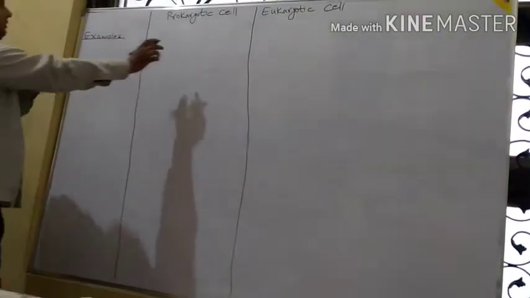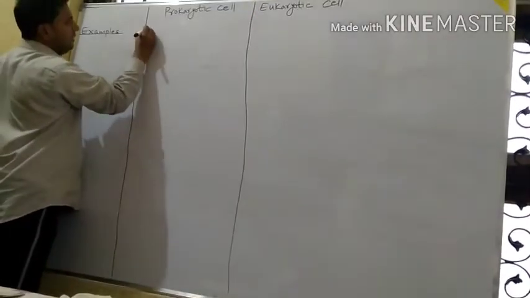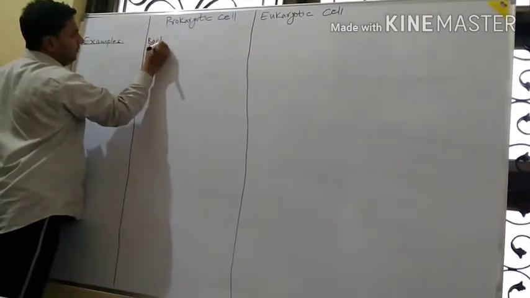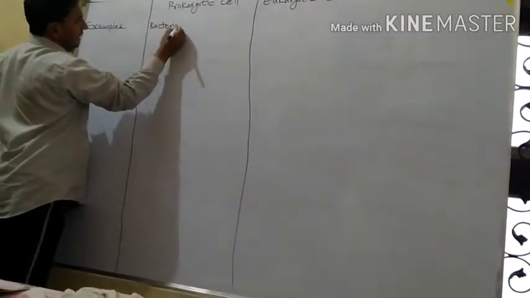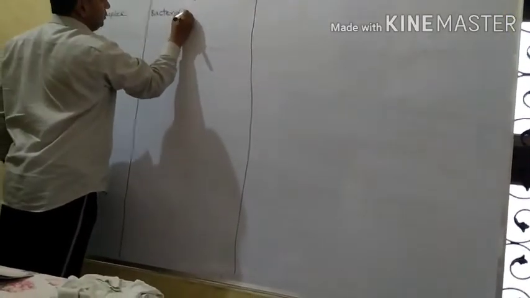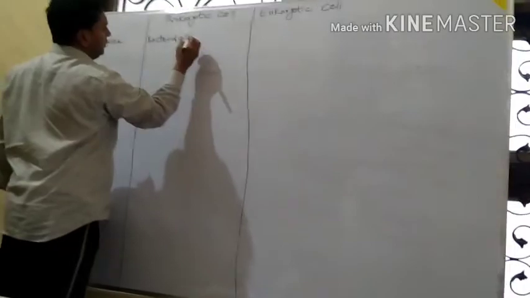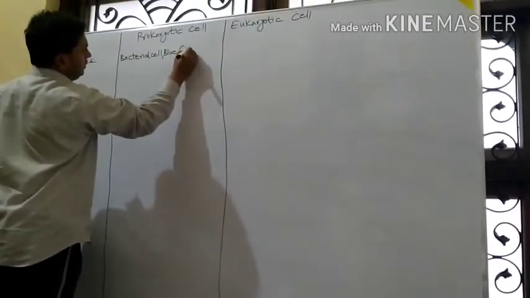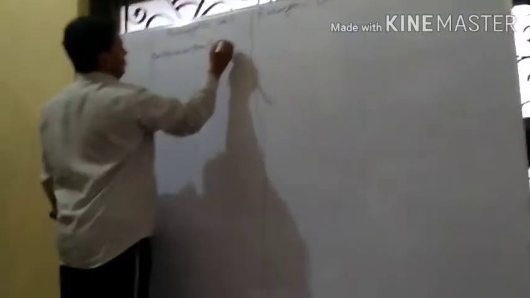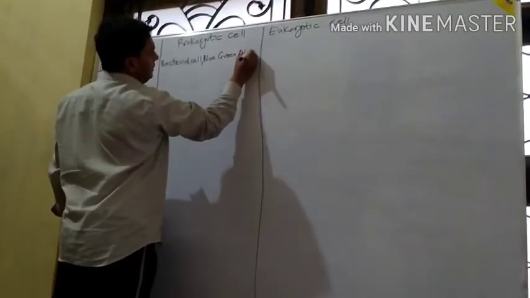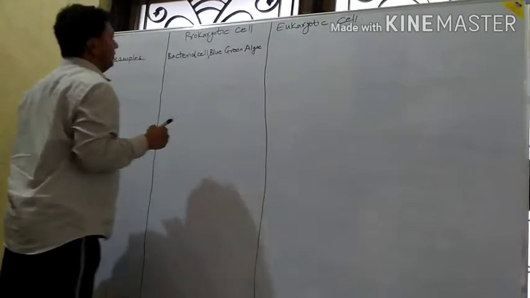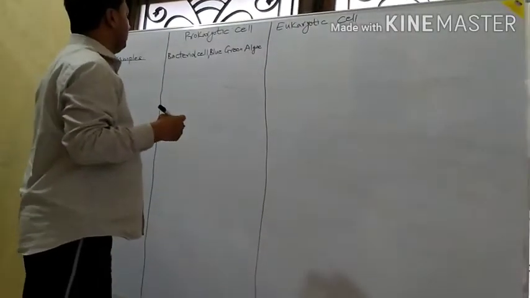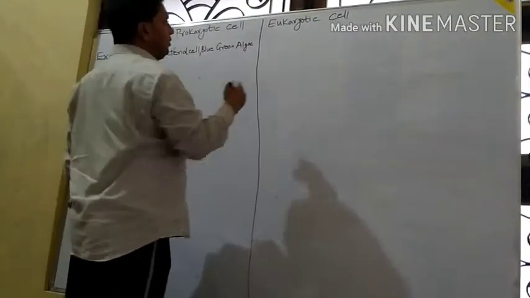See, in prokaryotic cells, the bacterial cell, cyanobacteria and mycoplasma are the examples. Bacterial cells, blue-green algae are examples of this prokaryotic cell.